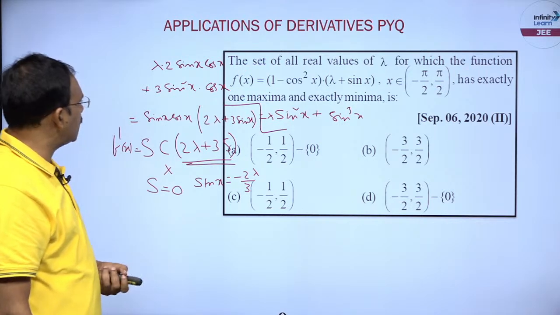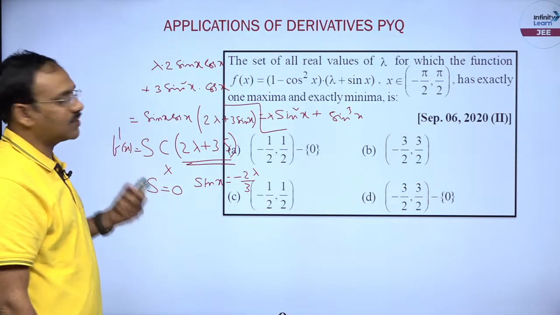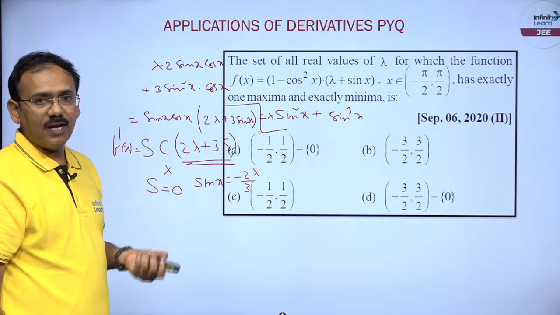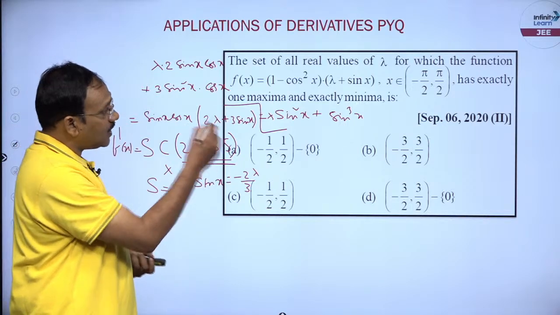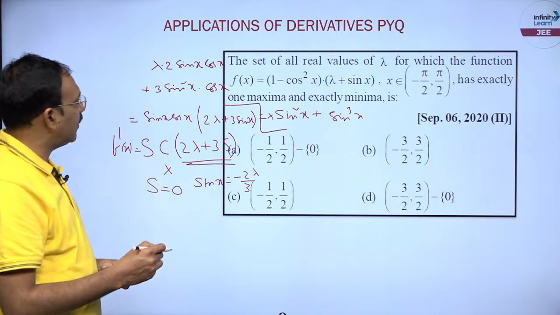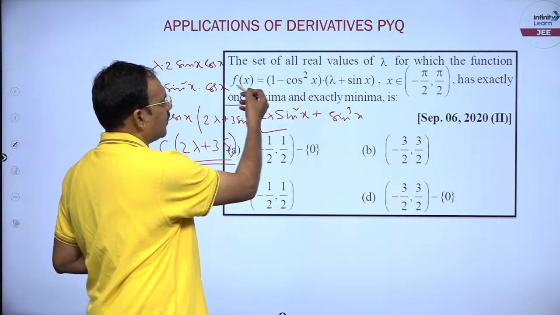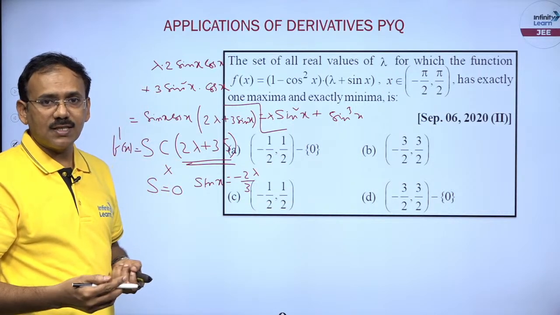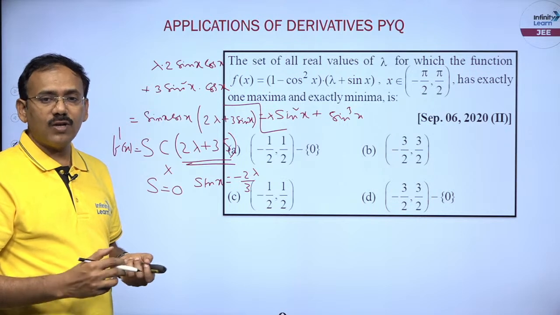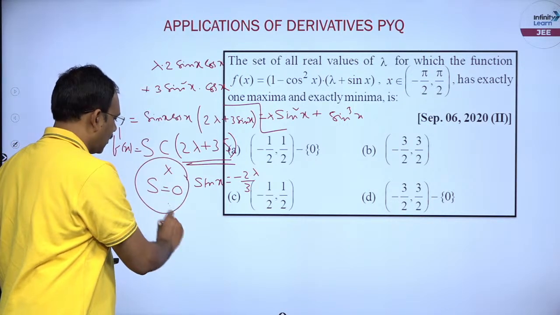If sin x is equal to 0, then the total expression becomes f of x equal to 0. If f of x is a constant function 0, it will not have any local maxima or local minima. So this case you can discard.